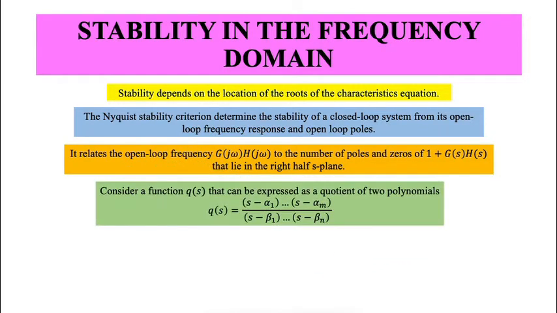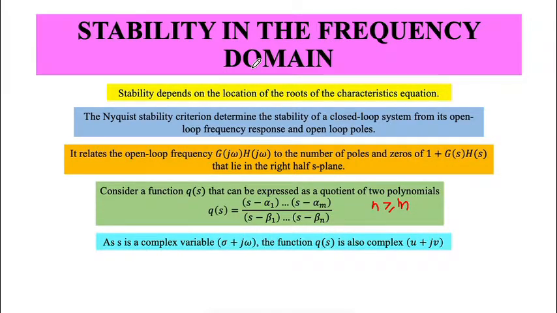Just consider a function Q(s), which is again the usual term. You can say it is a transfer function which has m zeros and n number of poles, and usually n is greater than or equal to m. Okay, so what is s here? s is a complex variable. The real part is sigma, omega is my imaginary part, right?